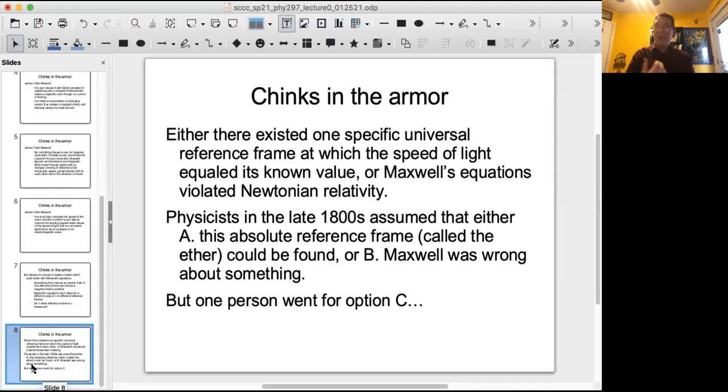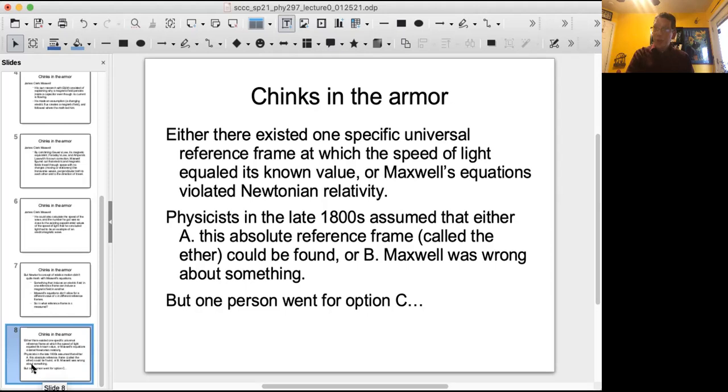And that's ultimately what Einstein did. He basically ignored the luminiferous ether. And he said, what if the speed of light is constant in every reference frame? What would be the end result?